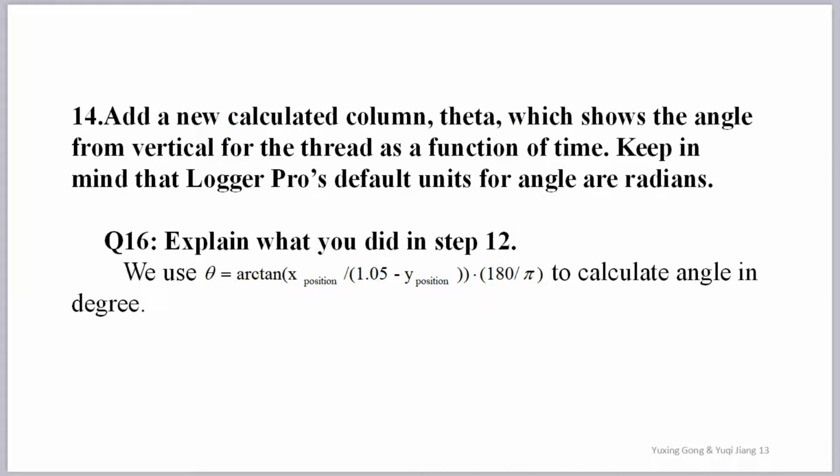And question 16. For theta, we do not use the sine one. We use a more difficult but more specific one, which is arctangent. We use theta equals arctangent of the x position over the line length, which is 1.05, and then the y position.